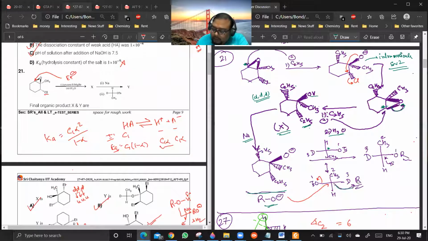The configuration here is R. This is first group, second group, third group, and hydrogen is vertical, so going 1 to 2 to 3 it is R, and R remains R. Now if RO minus is attacking here, the configuration will change. How will I write the inverted configuration? I will just exchange D and this part, so OR and D. This will represent the S configuration. Are you getting my point?